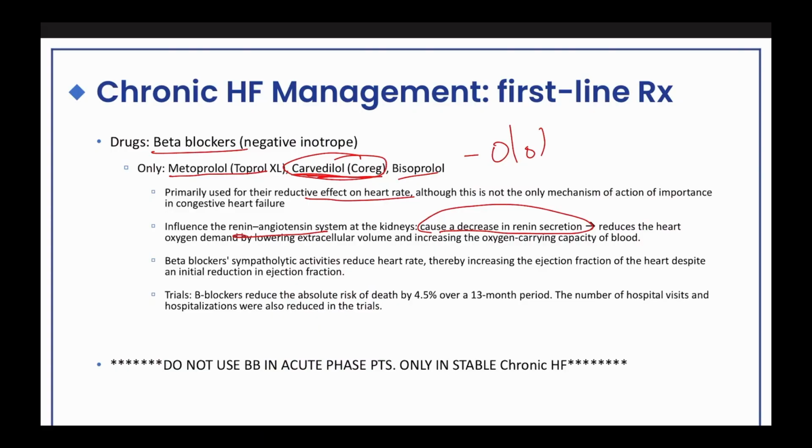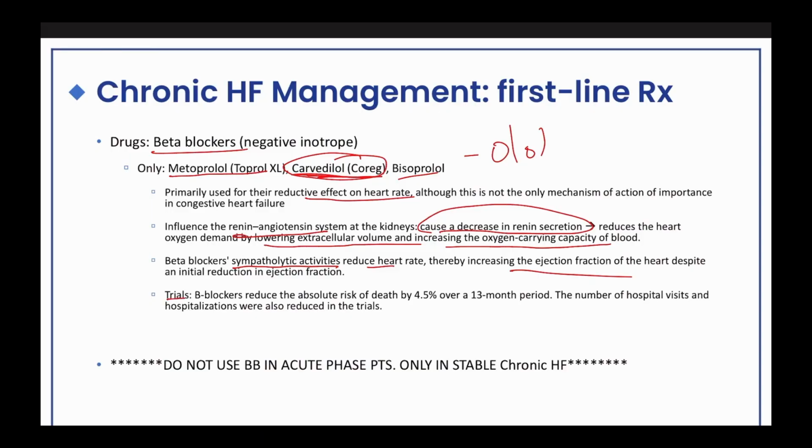Reduces heart oxygen demand by lowering extracellular volume, increasing oxygen carrying capacity of the blood. Beta blockers also have sympatholytic activities. It's going to block the sympathetic system, reduce heart rate, and thereby increase the ejection fraction despite the initial reduction in systolic function or ejection fraction.